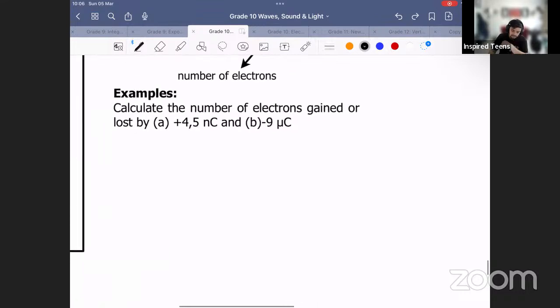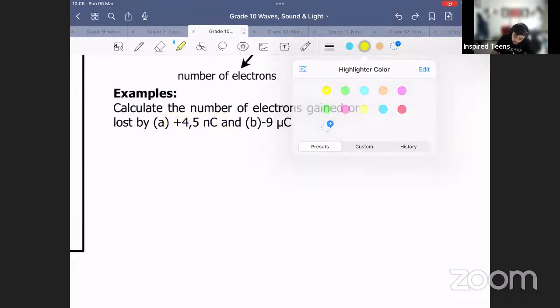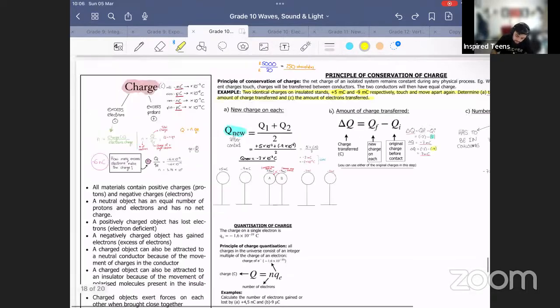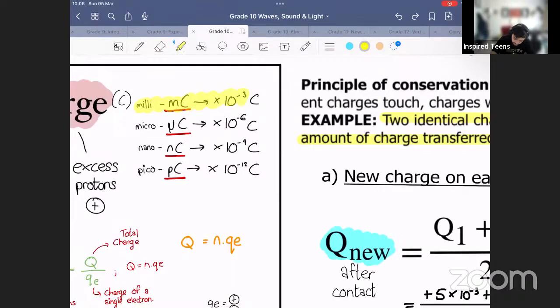Let's look at this. Calculate the number of electrons gained or lost by a positive 4.5 nanocoulomb charge. Remember we learned these little guys. I'll replace this writing with a printed table. But we have milli, micro, nano, and pico. We always want to convert to coulombs.